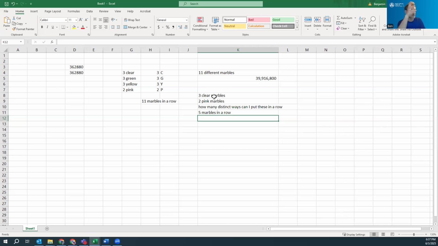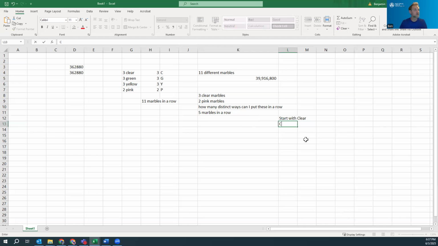And so it could be clear or pink. And I might start with clear. So now I'm going to just note that with the letter C. So now I have 2 more clear marbles, 2 more pink marbles.